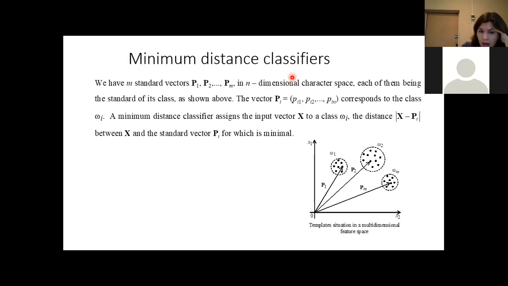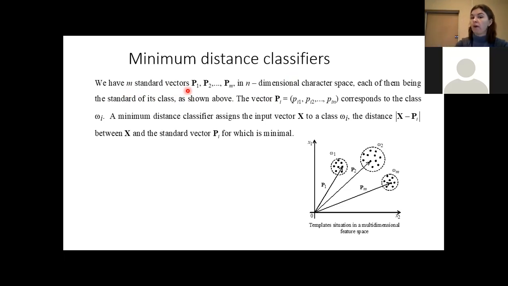Let's go to one of the simplest ways to find the separation surface between classes. The main idea of the discriminant function, the weight vector and the threshold is clear. But how to define this vector, how to calculate the coefficients for the separation surface? The first algorithm which allows us to do it is the minimal distance classifier. We have m standard vectors, where m is the number of classes.